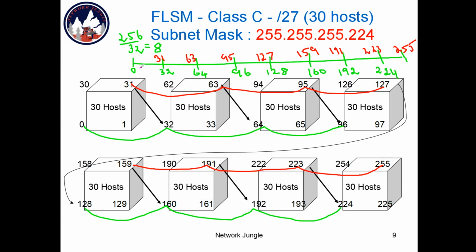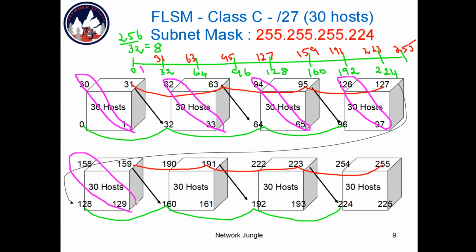So 1 to 30, that is 30 valid IP addresses. Then 33 to 62, 65 to 94, 97 to 126, likewise 129 to 158, 161 to 190, 193 to 222, and 225 to 254.